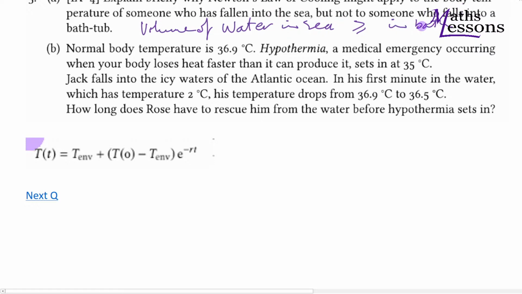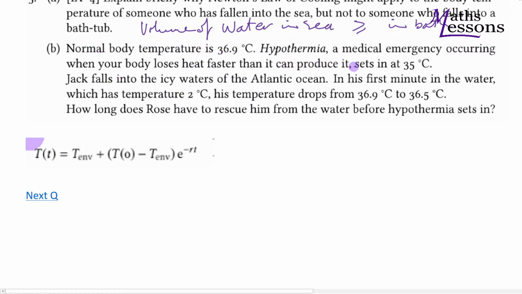Also the water in the bath will be cooling from the air around it as well, whereas the sea is not so much affected by the air around it as the bath will be.